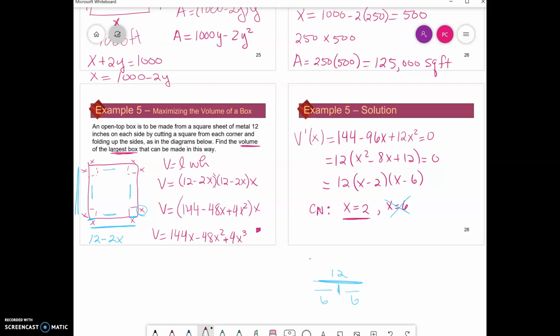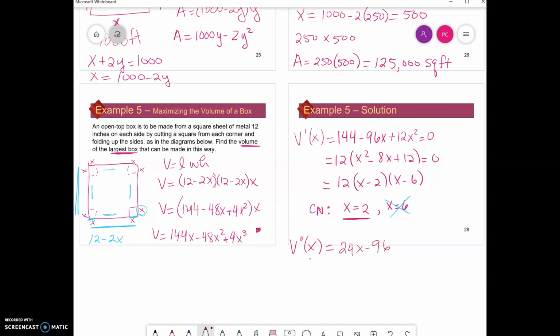Now, again, we can prove that this is a maximum by taking the second derivative. Let me erase this. So the second derivative of the function gives us 24x minus 96, sorry, my brain skipped.